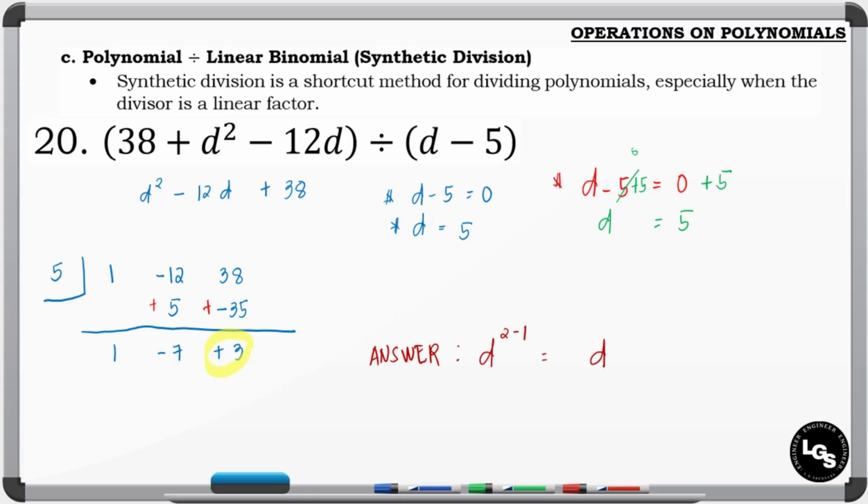So that is d. Then, we will copy the first numerical coefficient here, which is 1. So I will write first the 1. Then for the second term, I will rewrite this one.